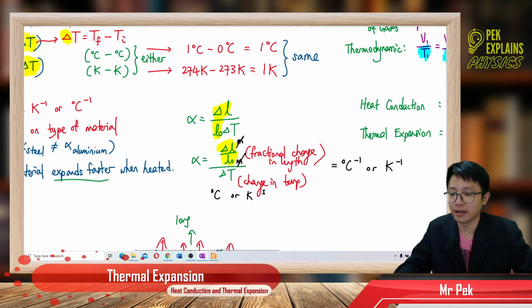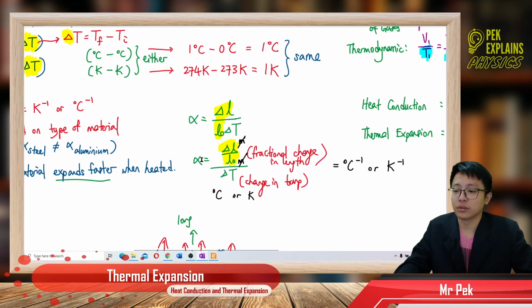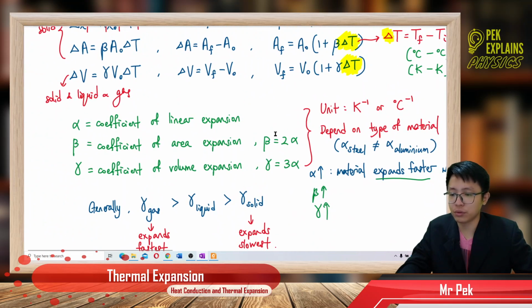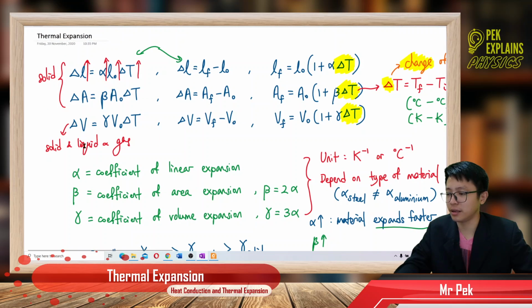Why can I have 2 units? Because the change in temperature can be in 2 units, either one. So that's alpha. How about beta and gamma? Do they have the same unit? Yes, they will have the same unit. If you want to find beta, you take A naught delta T, go below delta A. The delta A over A naught is a fractional change in area.